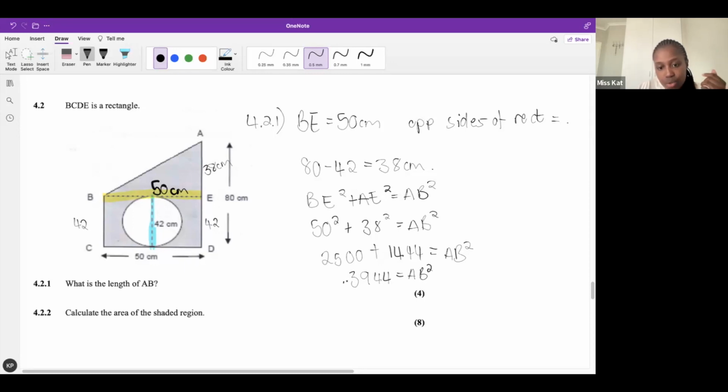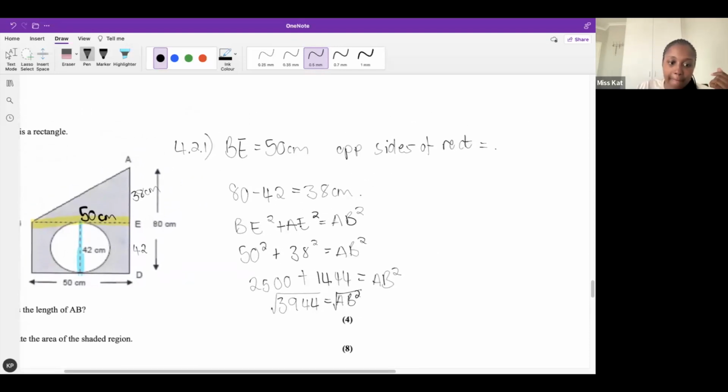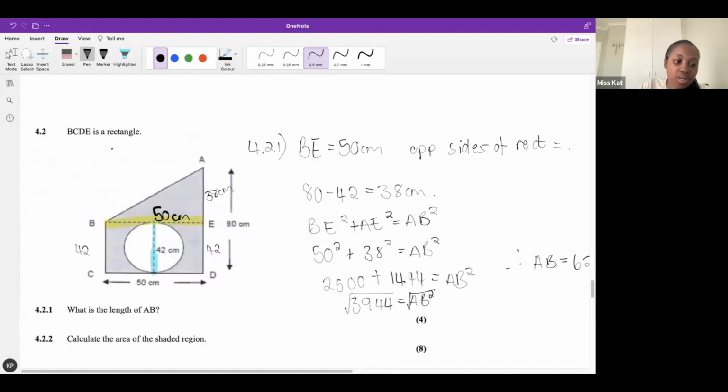And if we square root them, therefore AB equals 62.80 centimeters. Nice. So now we have question 1 done.